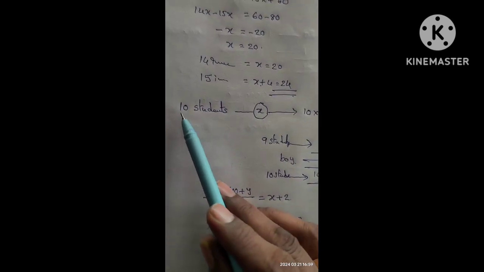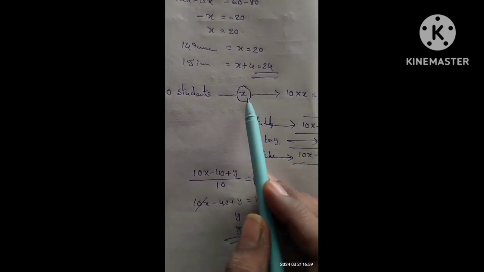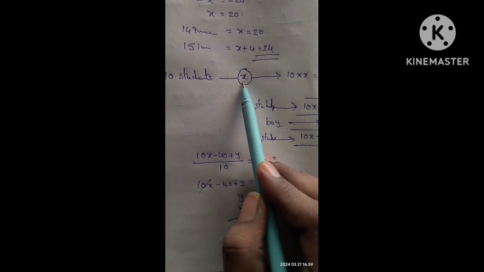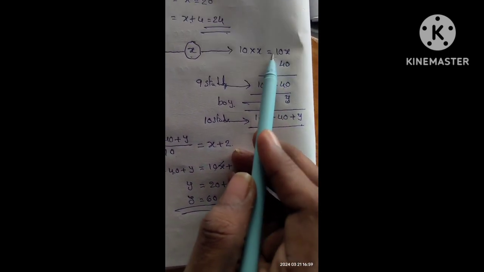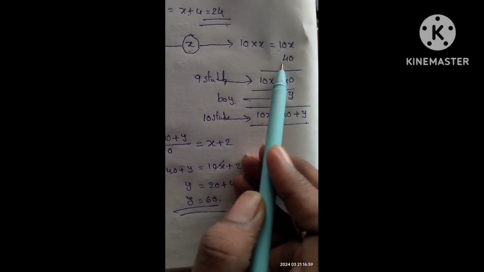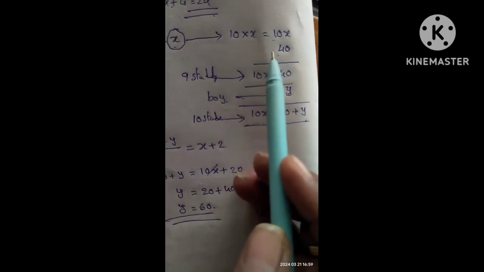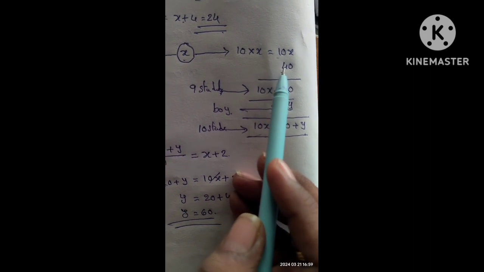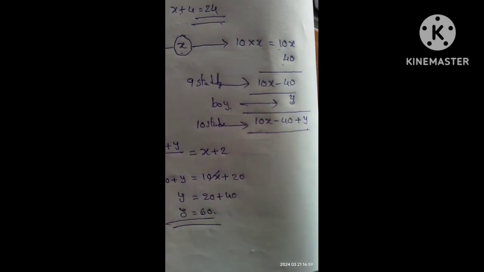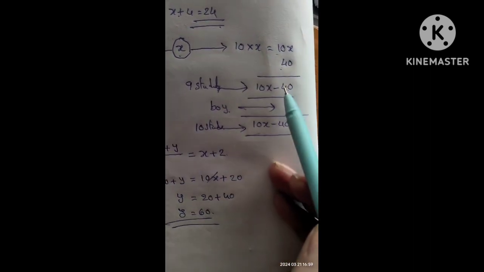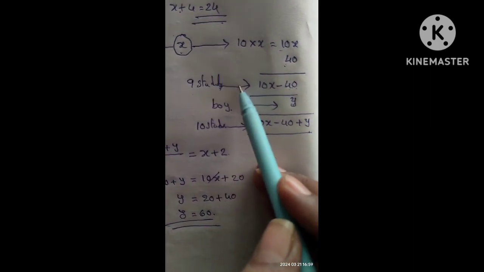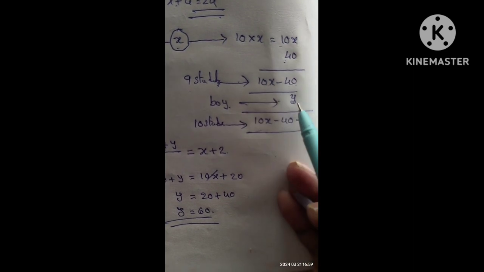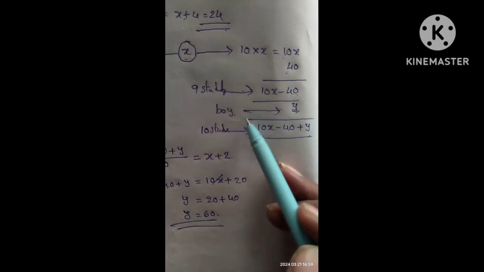See once again, 10 students are there. We don't know their average. Let it be x. Then the weight of the 10 students is 10x. From that, one girl is replaced, so her weight is 40. Replaced means we are decreasing, so 10x minus 40. It is the weight of 9 students. Additionally one boy came and we added him, but we don't know his weight.